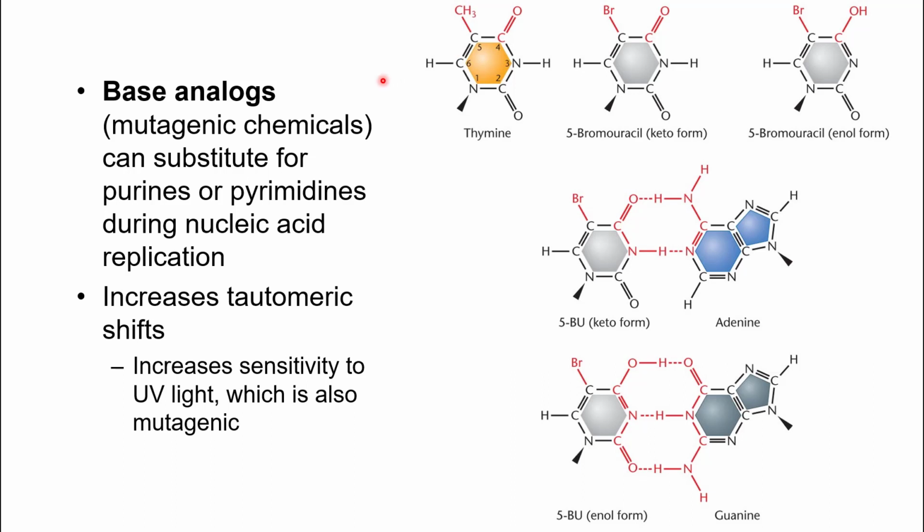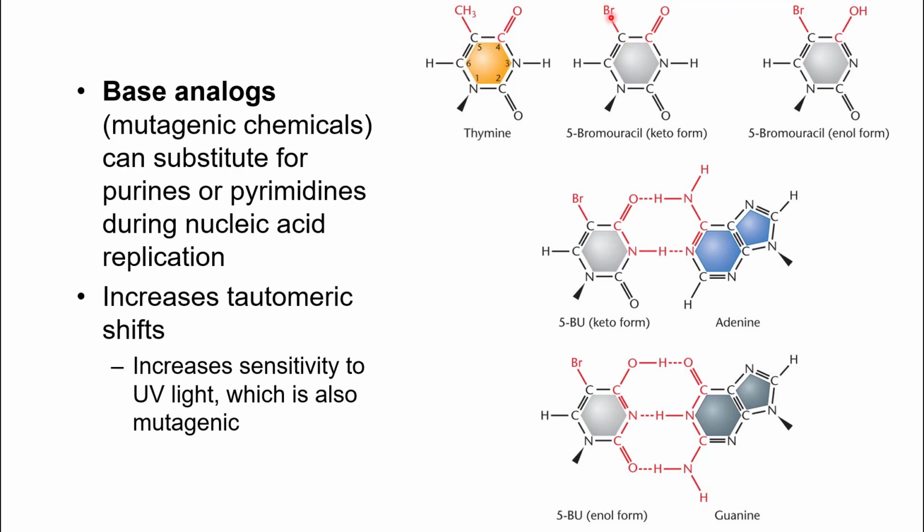What generally happens when we have these mutagenic chemicals is that they cause base analogs. So these are similar to tautomers, but they're being forced, or they act similar to a tautomer, let me say it that way. But it's because we have these new things in. So for instance, 5-bromouracil is a base analog of thymine.